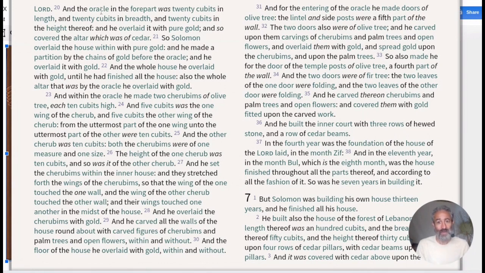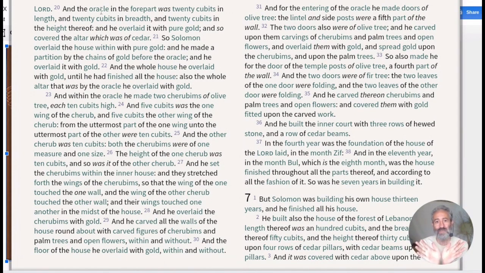Verse 23: Within the oracle he made 2 cherubims of olive tree, each 10 cubits high. Remember how we showed you the height was 10 cubits. This is one of the sources. 10 cubits high. And 5 cubits was one wing. Okay, so one wing pointing in one direction, 5 cubits.